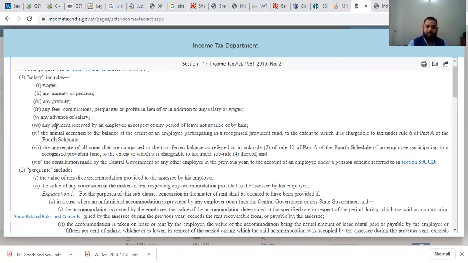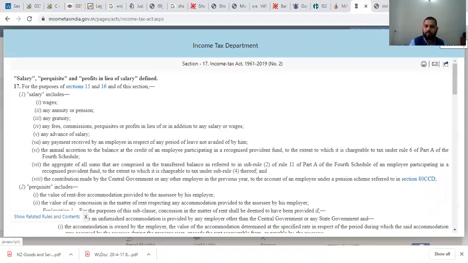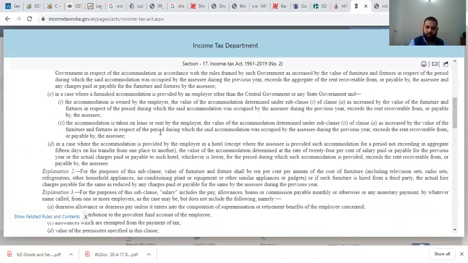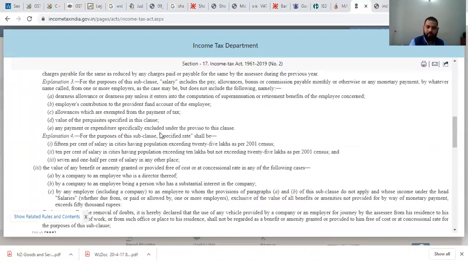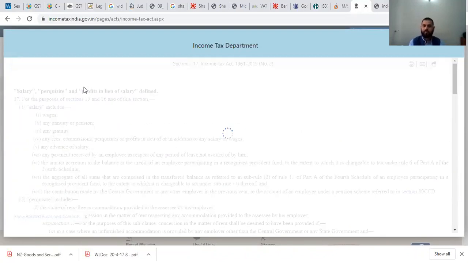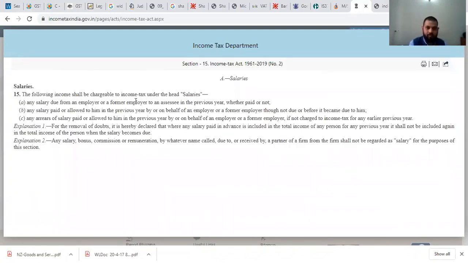Right. So the term salary refers to a payment which is made to the employee by the employer for the services rendered by the employee in the course of employment. If the term salary over here includes profits in lieu of or in addition to the salary or wages, it basically means that what is essential is that we try to determine the presence of employer-employee relationship and not the manner of determination of remuneration.